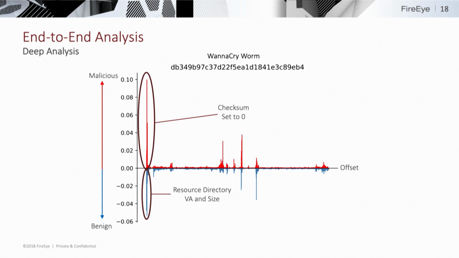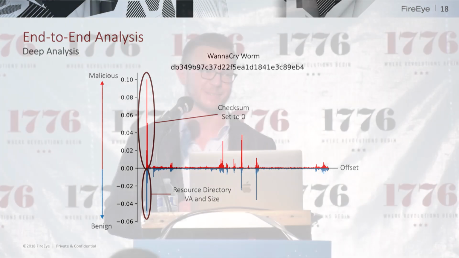What's interesting here is this really big spike all the way to the left actually happens on the checksum. For those of you who have done malware classification, an incorrect checksum is like the number one most important feature, despite what you would think, to classify these things in a lot of cases. It's interesting because this does not appear as a low-level feature, right?